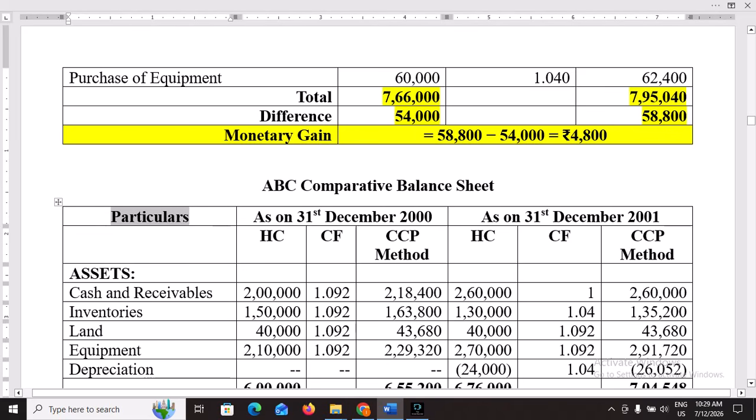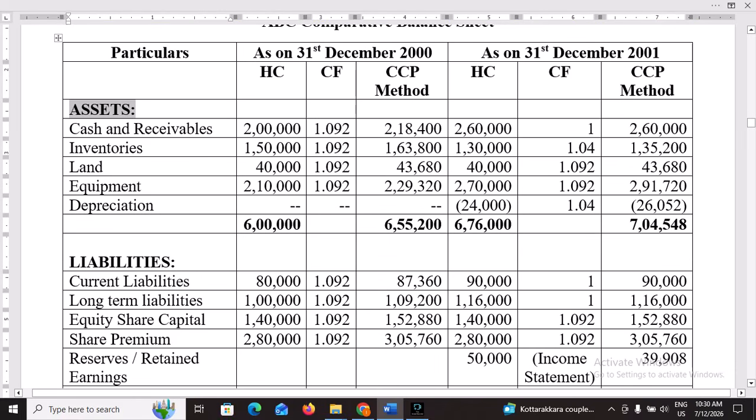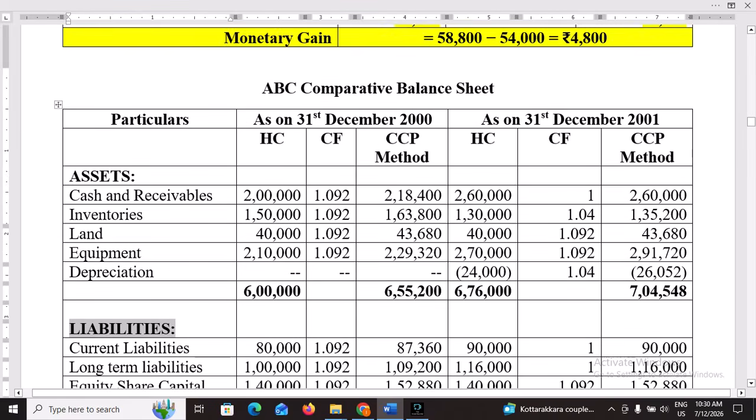Particulars as on 31st December 2000 and as on 31st December 2001, with columns for HC historical cost, conversion factor, and CPP method. First assets, next liabilities.